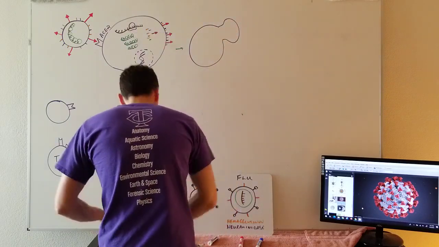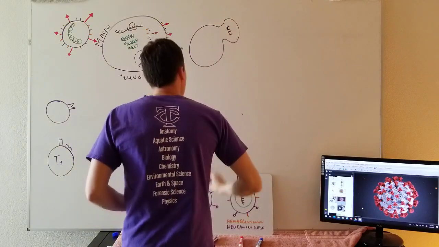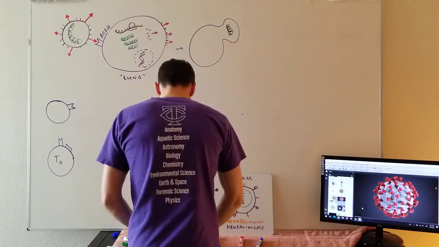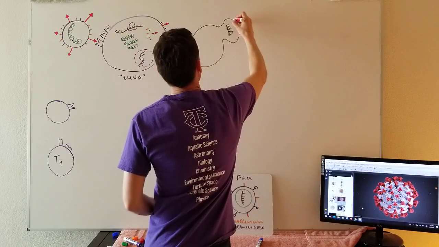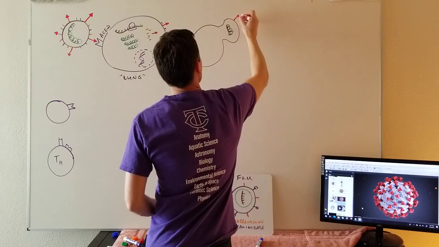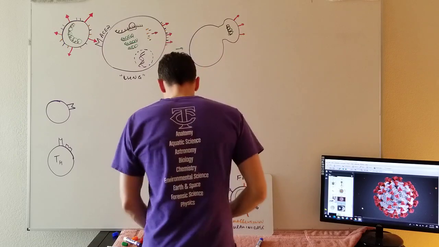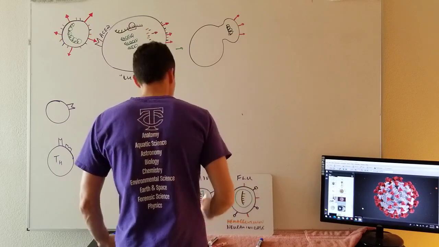It just starts mass producing SARS-CoV-2 viruses. So they just bud off just like this. See, you got red. And so now I'm basically just turning this lung cell, this pneumocyte, into a virus factory.